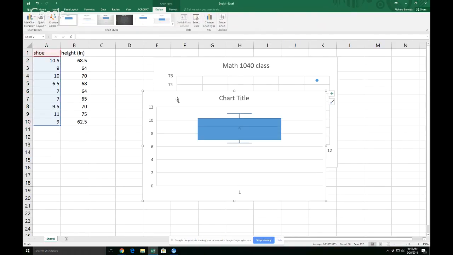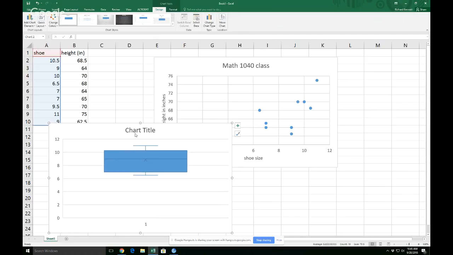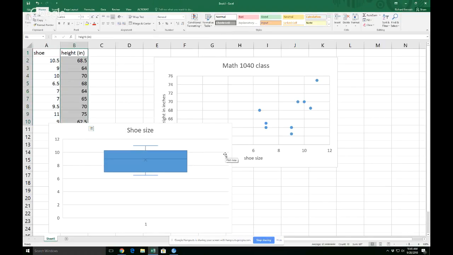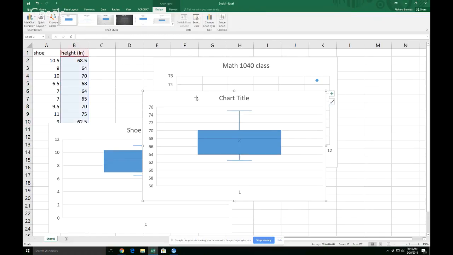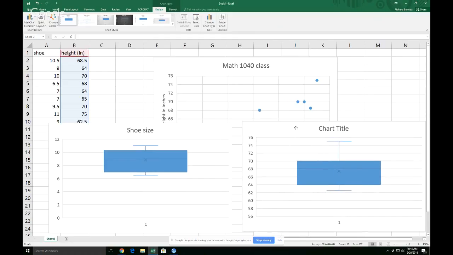This would be shoe size. This is the quick and easy way to see if you have any outliers. We're going to find out if George is an outlier right now. Insert this one here. Okay, he didn't show up as an outlier.